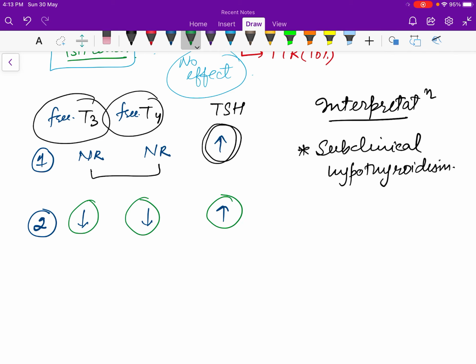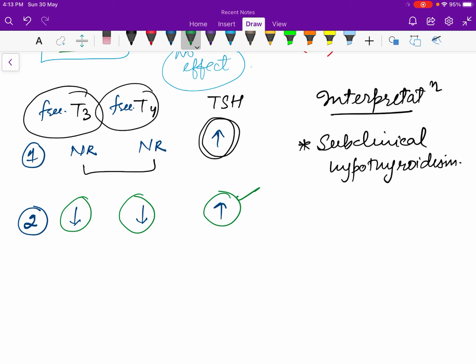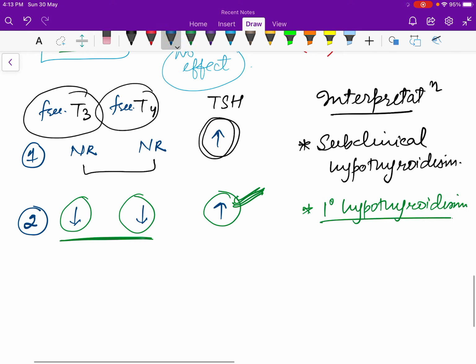There is no problem in the anterior pituitary, it's producing TSH normally, but the problem is with the thyroid gland. So it's a case of primary hypothyroidism.